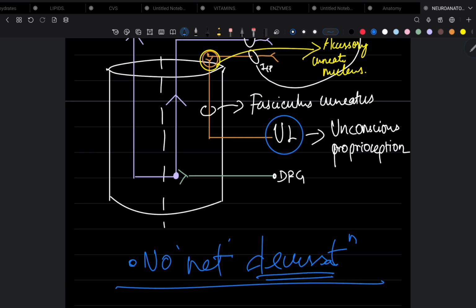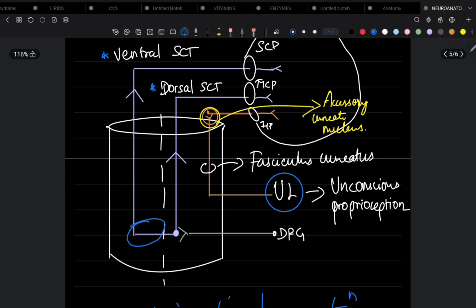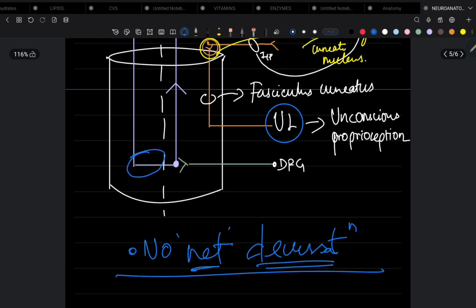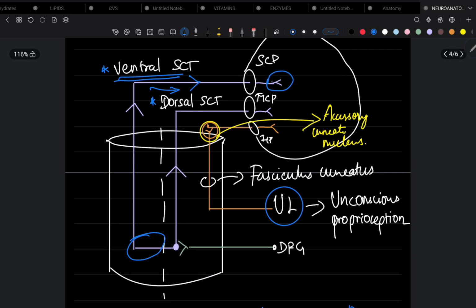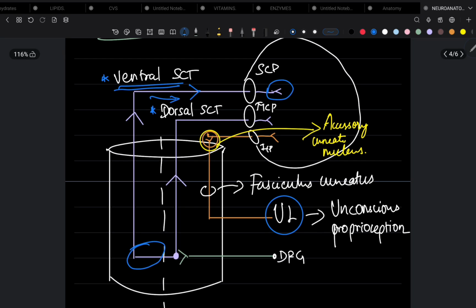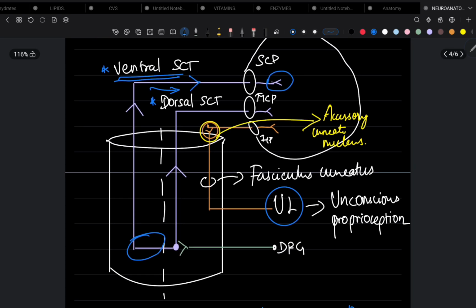Even if you see there is decussation at the level of spinal cord of the ventral spinocerebellar tract, when it reaches the cerebellum, it decussates again. You can see here it decussates again and relays on the same side itself, on the ipsilateral side. So there is no net decussation. Only dorsal column tract and spinothalamic tract decussate. Spinocerebellar tract does not decussate.